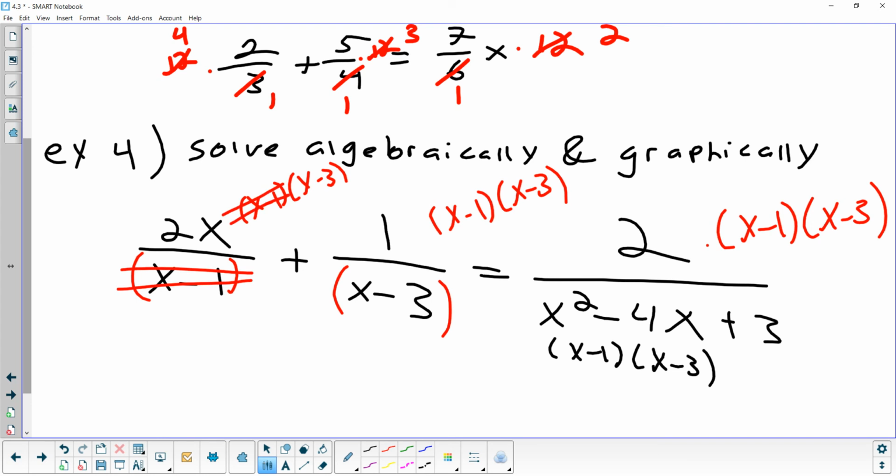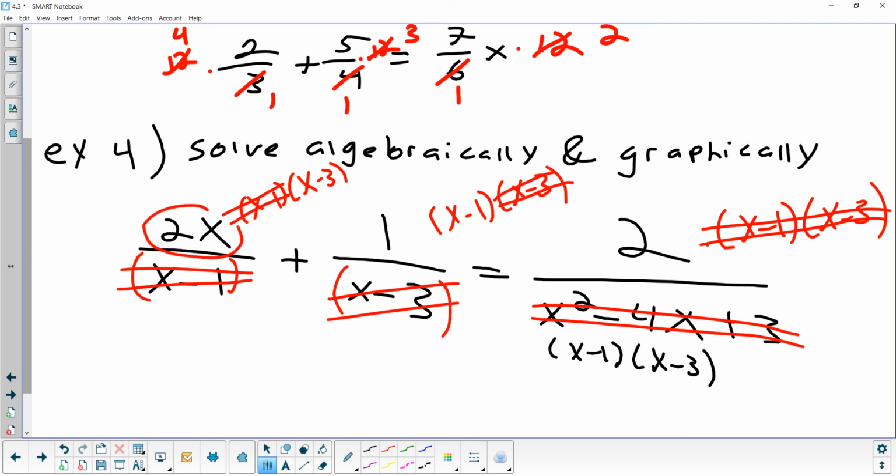What about when we do that in the second fraction? What cancels out, Maddie? x minus 3. And what about when we do that in the third fraction? Okay. Yeah, the whole denominator cancels out. So now whatever we're left with is a distributive property.